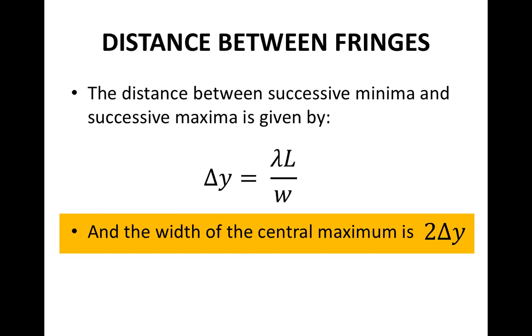If it's sandwiching the central maximum, then you'd have to do double that. So delta y is that distance, lambda is the wavelength in meters, L is the distance to the screen in meters, and W is the slit width in meters. So make sure you have SI units.